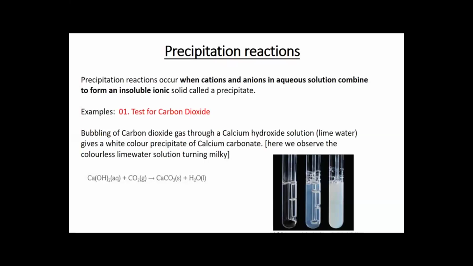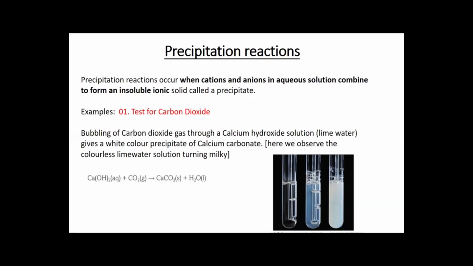I told you a precipitate is a solid, so it is an insoluble ionic solid, and if any reaction involves the combining of cations and anions to form an insoluble ionic solid, we call it a precipitation reaction, right?